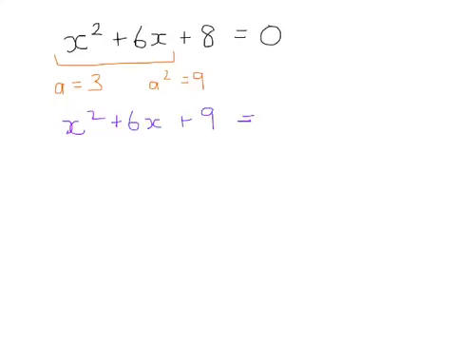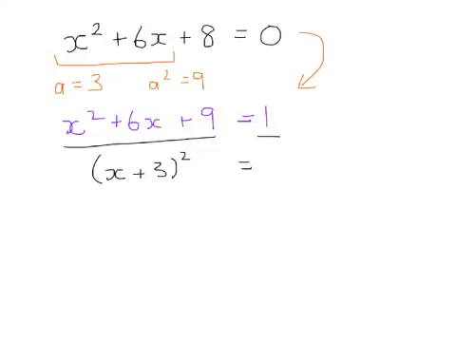Now, in order to turn this equation into this one, we obviously have to add 1 to both sides. Now we've completed the square. This side, the left-hand side, turns into (x + 3)², and our right-hand side turns into, well, the square root of 1 is just 1, so it's 1².